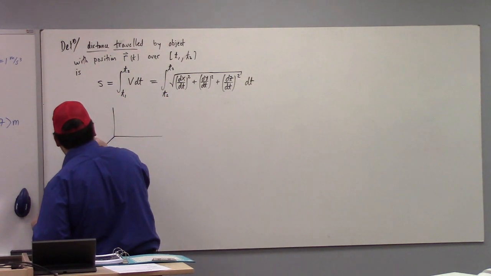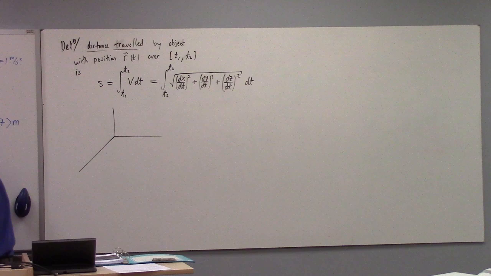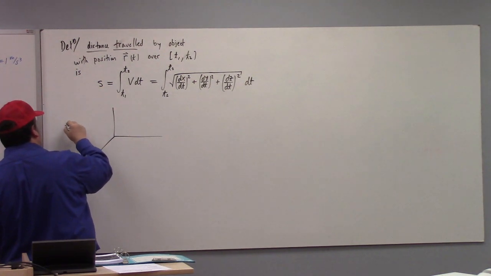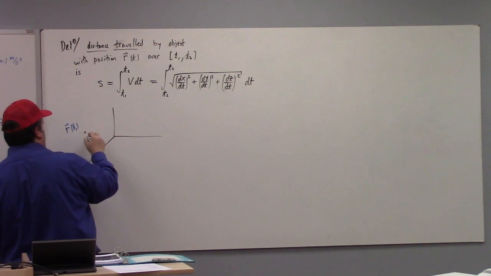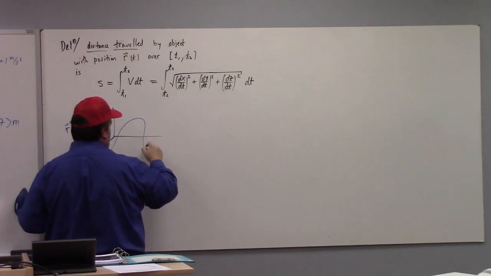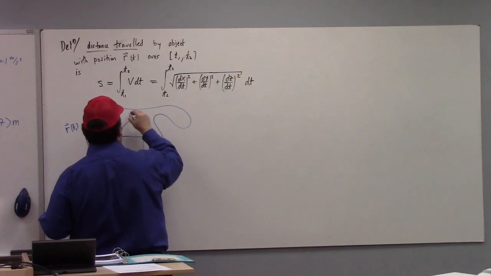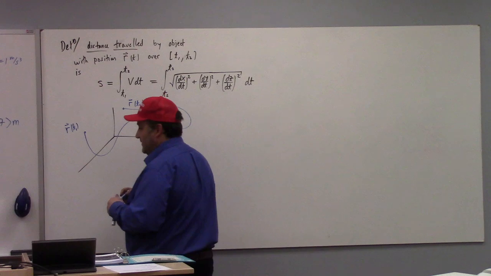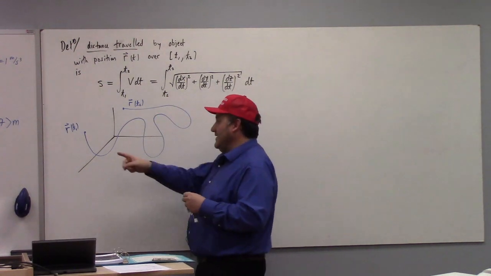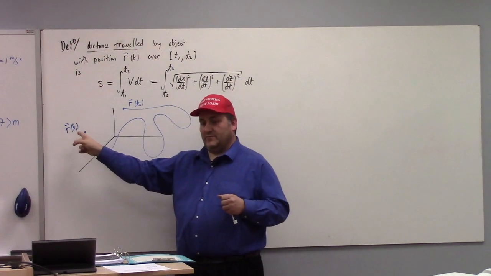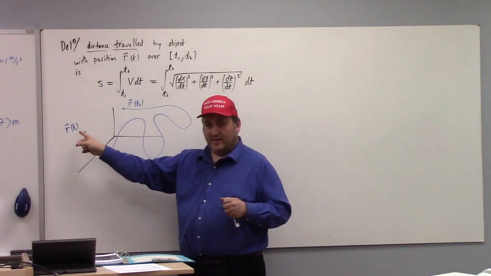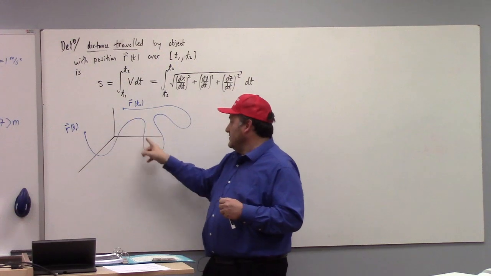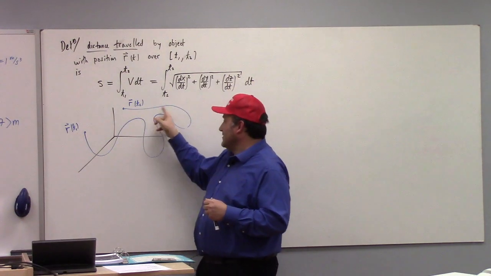Displacement? No. Not displacement. So suppose my object starts here at r of t1, and then it goes like that over here to r of t2. The distance traveled is the length of the string, if you were to drop a string along its travel path, like that.